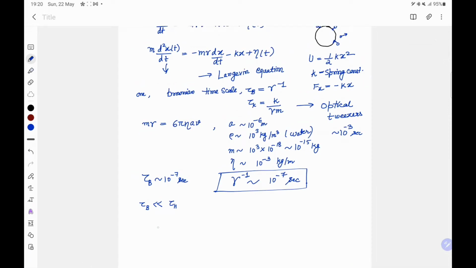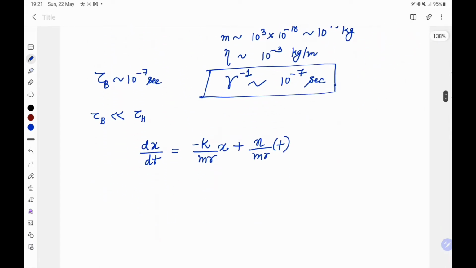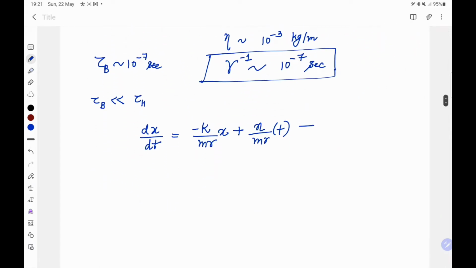If you ignore this inertia term, your equation will look like this: dx over dt equals minus kappa over m gamma x plus eta over m gamma (t). By ignoring the inertia term, we now have only one time scale in our problem, which is kappa over m gamma. And this is actually easier to solve.